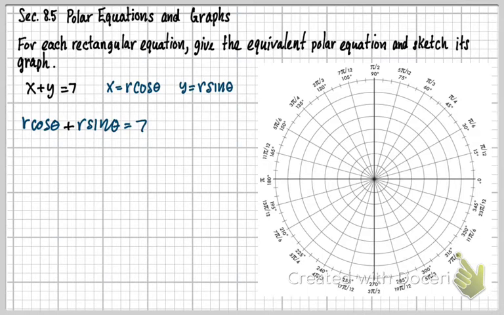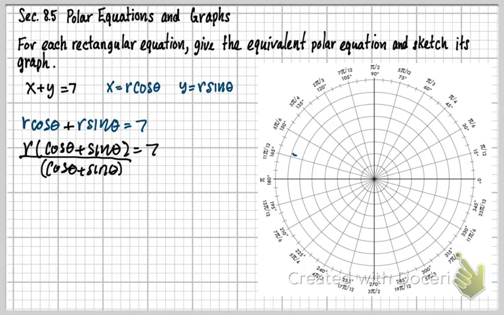So now what I'm going to do from here is pull an r out of these. So that's going to be r times cos theta plus sin theta, and that equals 7. Then to solve for r, I'm going to divide both sides by cosine theta plus sin theta.